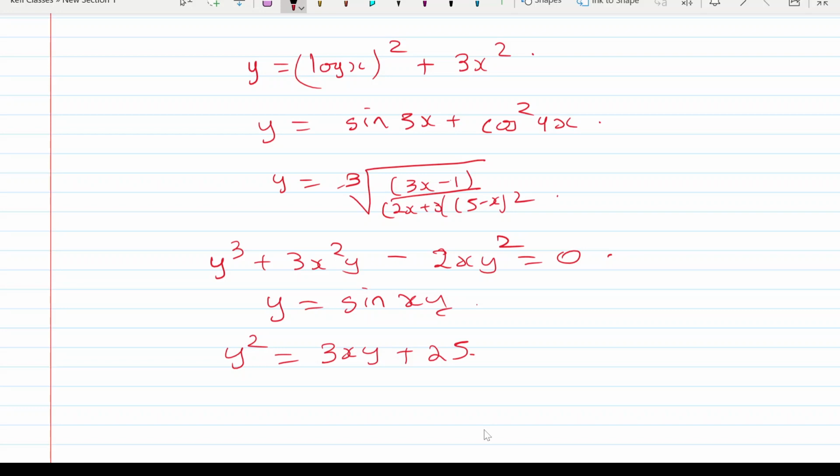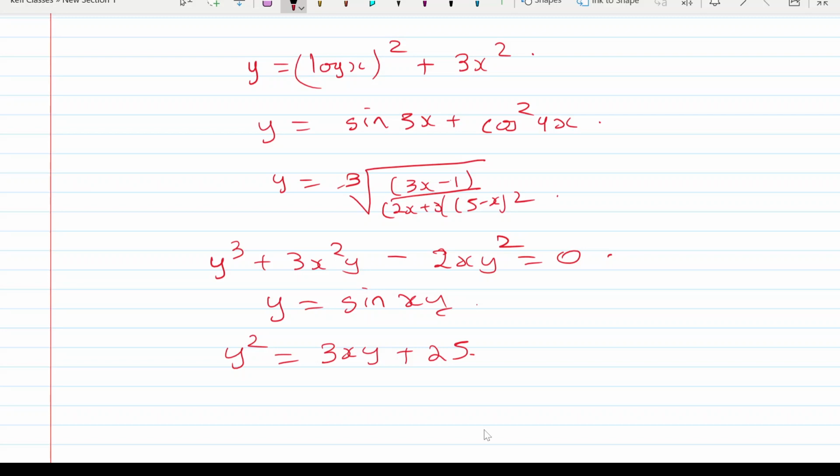We can find that. But in such cases, how to find the differentiation of these functions? The top three functions are basically considered explicit functions, whereas these are considered implicit functions.